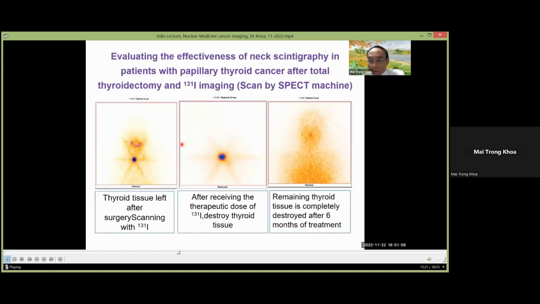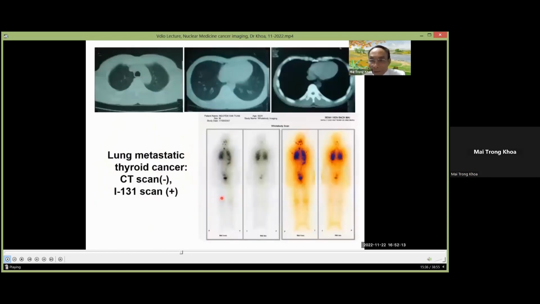And this is a case where thyroid tissue was completely destroyed after 6 months of treatment with I-131. Very clear. And this is a case of thyroid cancer with lung metastasis. On CT it is negative, but the SPECT scan shows metastasis in both lungs.